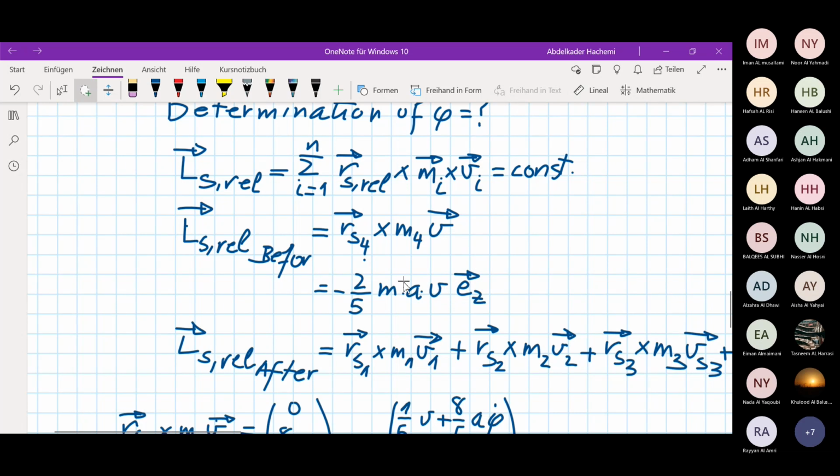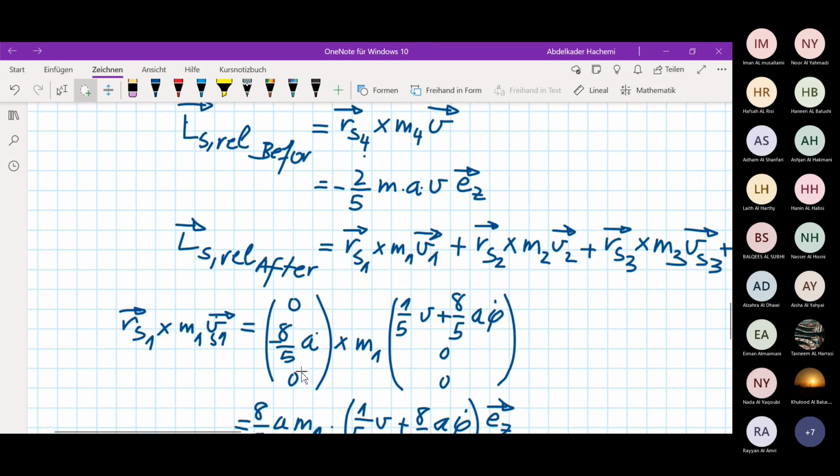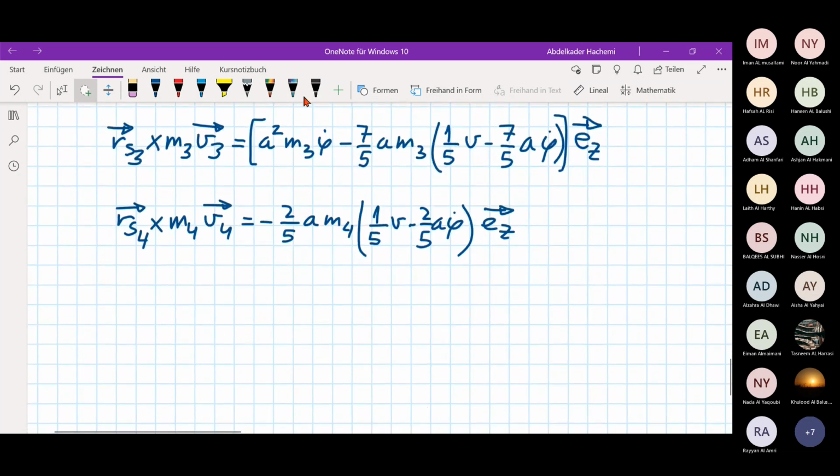Then we make the equality between this term and this term, where all terms are given by the following relation.